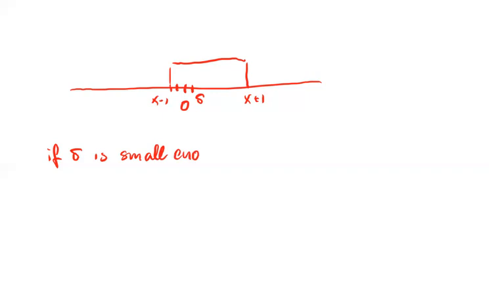Well, let me not choose delta yet. Then you can choose an epsilon. Choose an epsilon greater than 0 such that an epsilon neighborhood of 0 is entirely contained in the region.